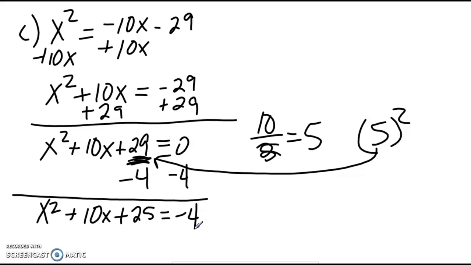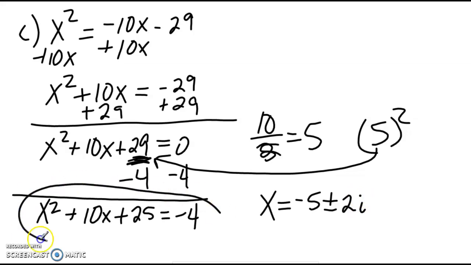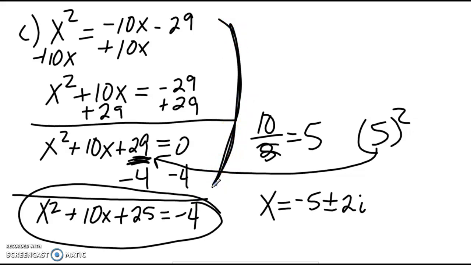We got x equals negative 5 plus or minus 2i. So the solution will be the same from this point as it was on the previous problem that we did. No change there. The change happens up in this area on how we're going to deal with it.